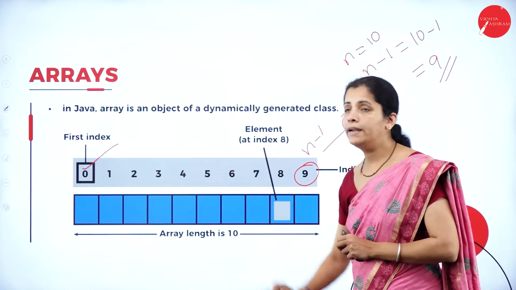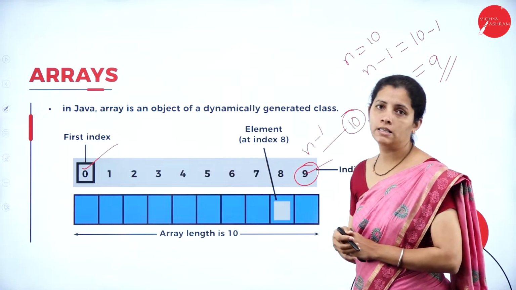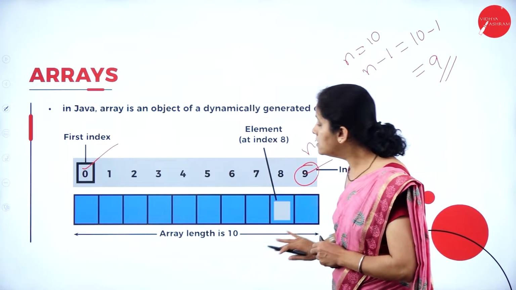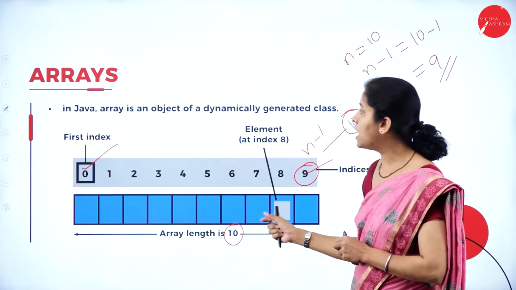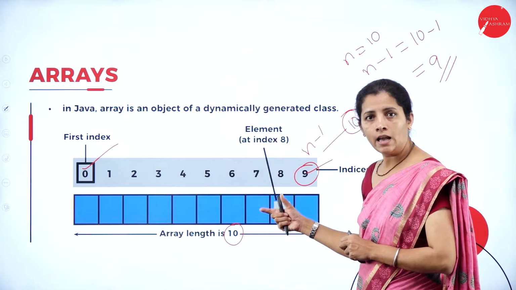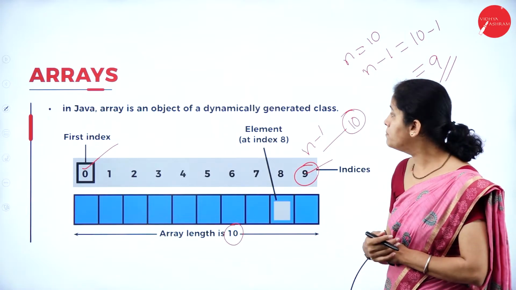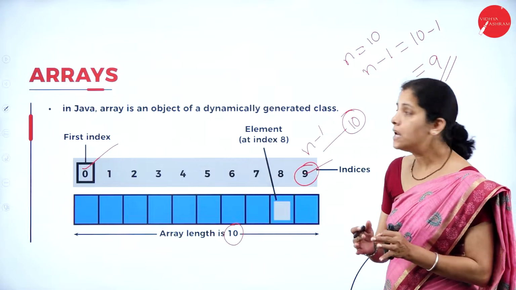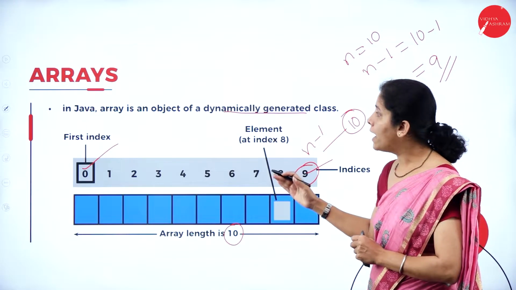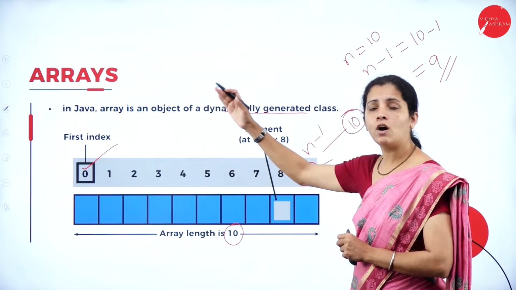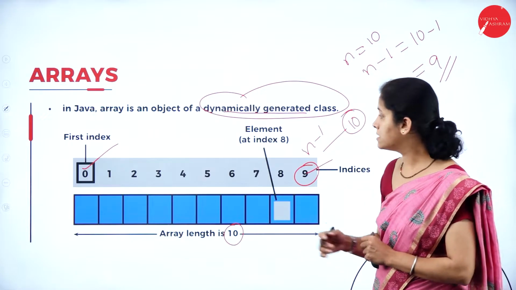So, array index starts from 0 to n minus 1, that is 9. And the length of the array is 10. In Java, an array is nothing but an object, an object of a dynamically generated class.